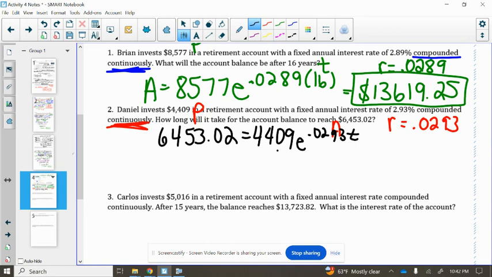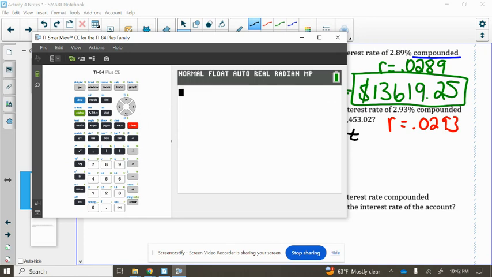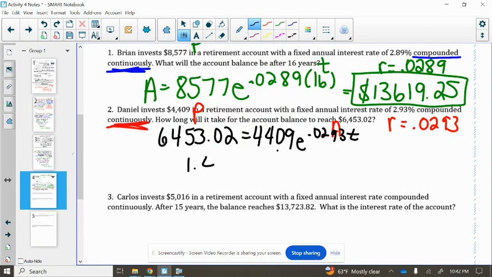So we have this coefficient out front, and we've talked about before, we're going to start this time by dividing that over. So if we take our amount, divide over that principal starting amount, we get about 1.463. Again, use a bunch of decimal places, and this time it equals e to the 0.0293t.